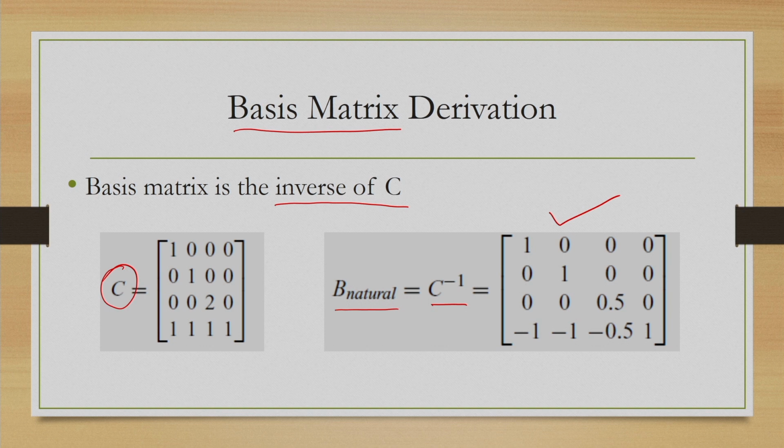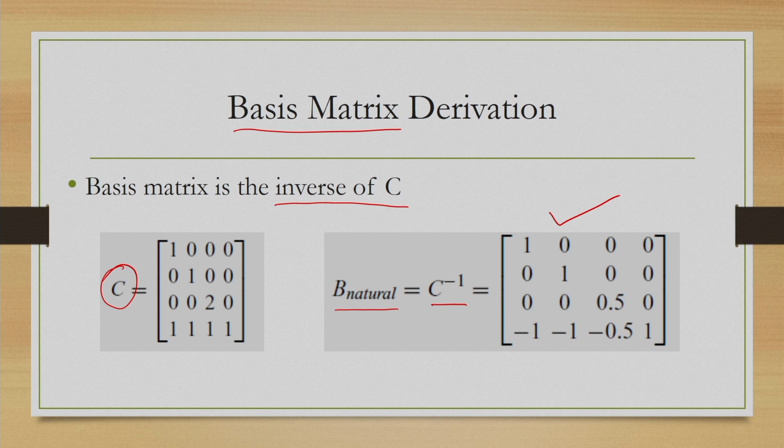Since the basis matrix is the characteristic matrix for the cubic polynomials and the natural cubic splines are made up of cubic polynomials, we can say that this basis matrix, which is characteristic of cubic polynomials, is good enough to represent the natural cubic spline.